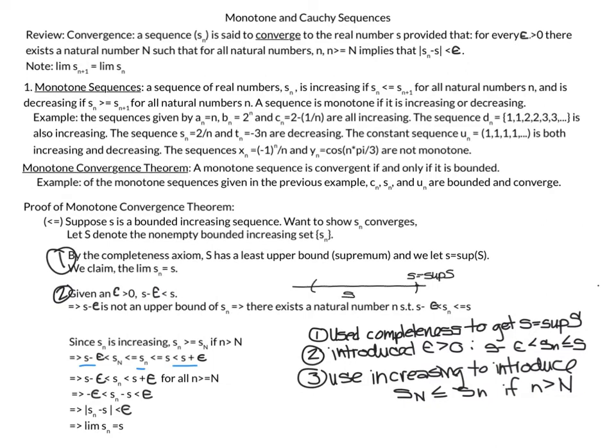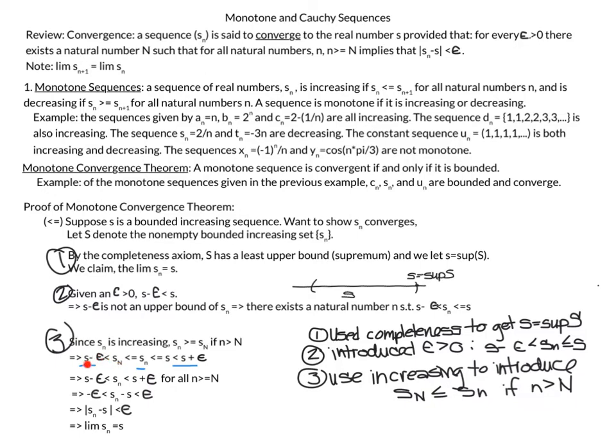And then last, we used the fact that S was increasing in order to introduce our capital N and a little n, and we said that S of capital N is less than or equal to S of little n. Once we had that, we can introduce those two here. S of capital N is less than or equal to Sn if n is greater than or equal to capital N. And then we have these statements here.